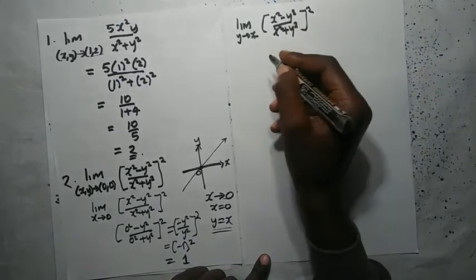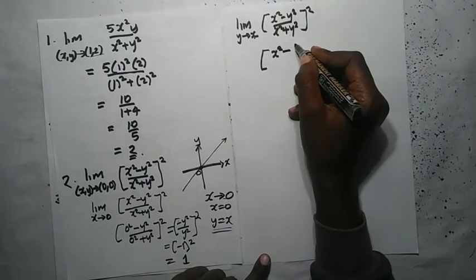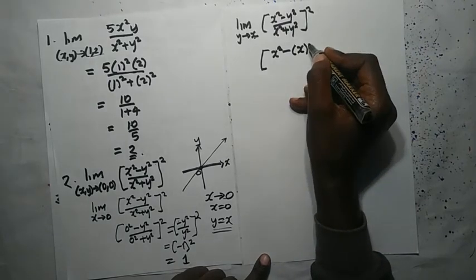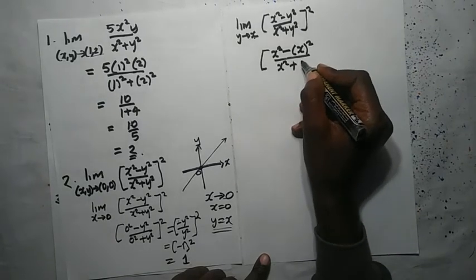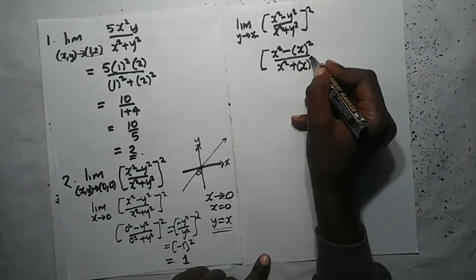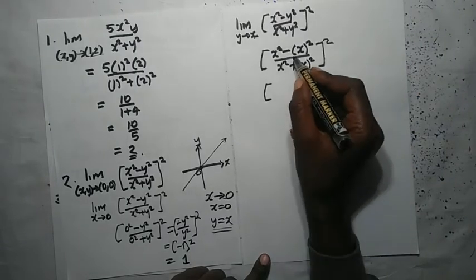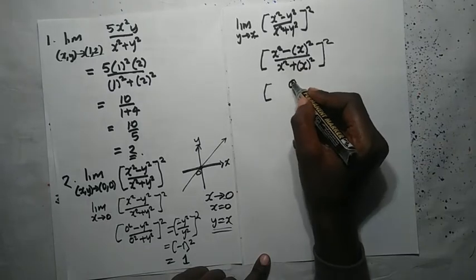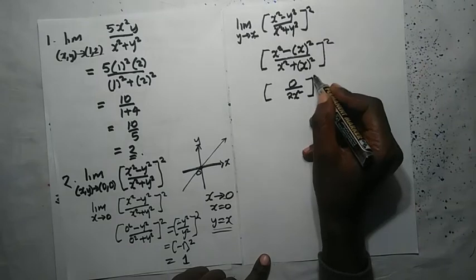So we have x squared minus x squared over x squared plus x squared, the whole thing squared. On top we have x squared minus x squared, which is 0, and at the bottom we have 2x squared to the power 2.